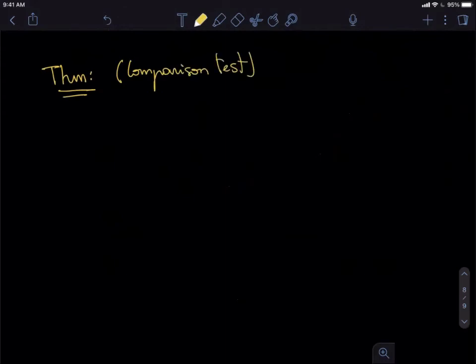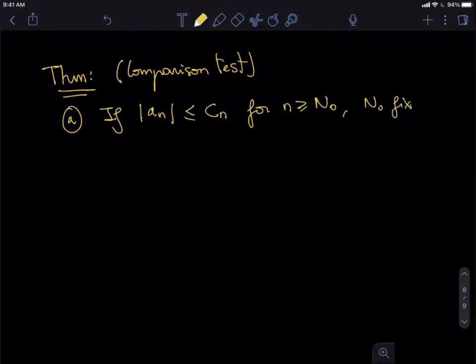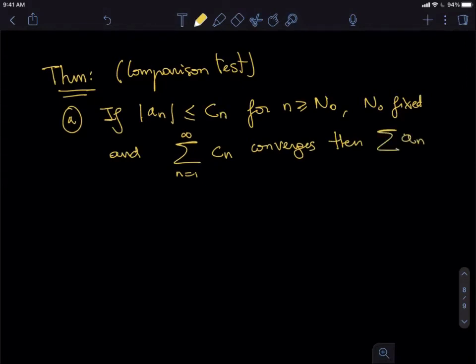The comparison test says that if we have some a_n that in absolute value are less or equal than c_n for n large enough, from some n_0 onwards, with n_0 fixed, and the sum of the c_n converges, then the sum of the a_n also converges.